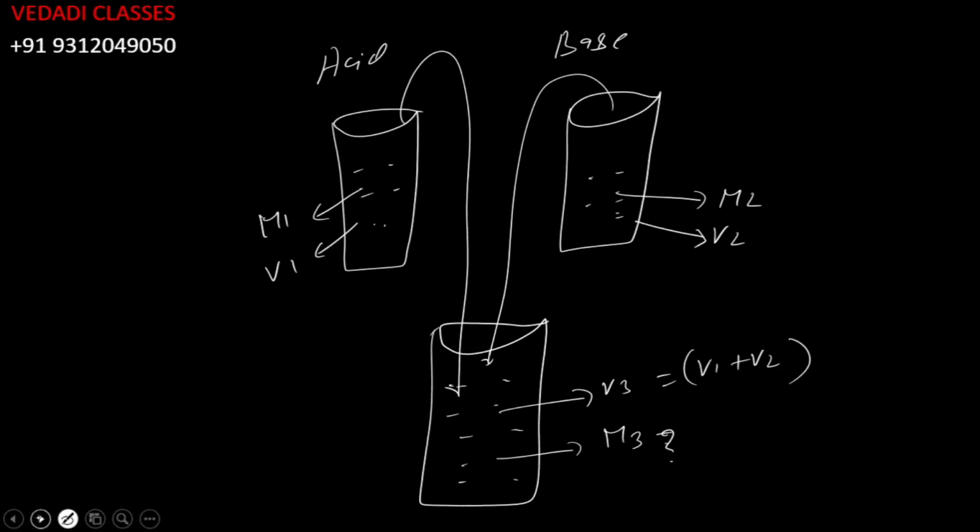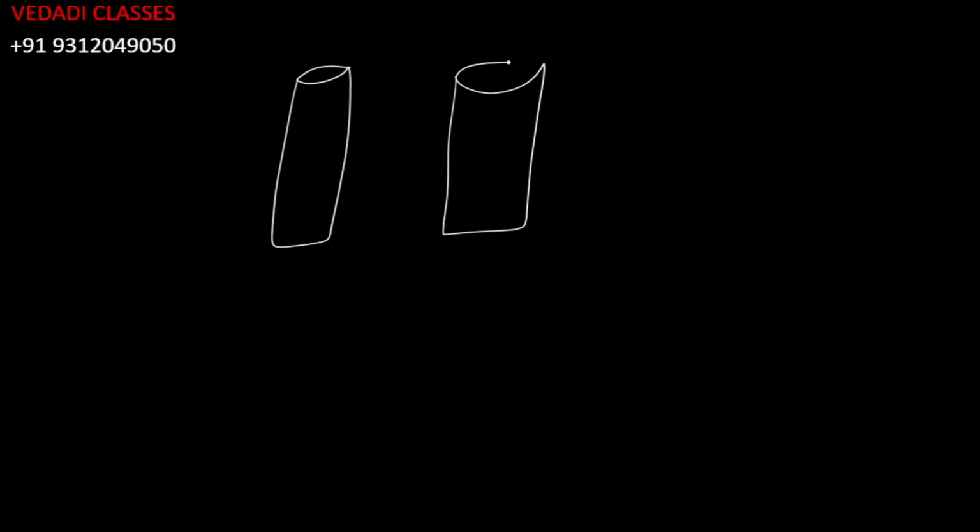In a similar manner, as I told you, if you can get the molarity, you can get the normality. How can the normality be obtained? It can be obtained in the same manner. Suppose this is an H2SO4 solution, and initially its normality is N1 and the volume is V1.